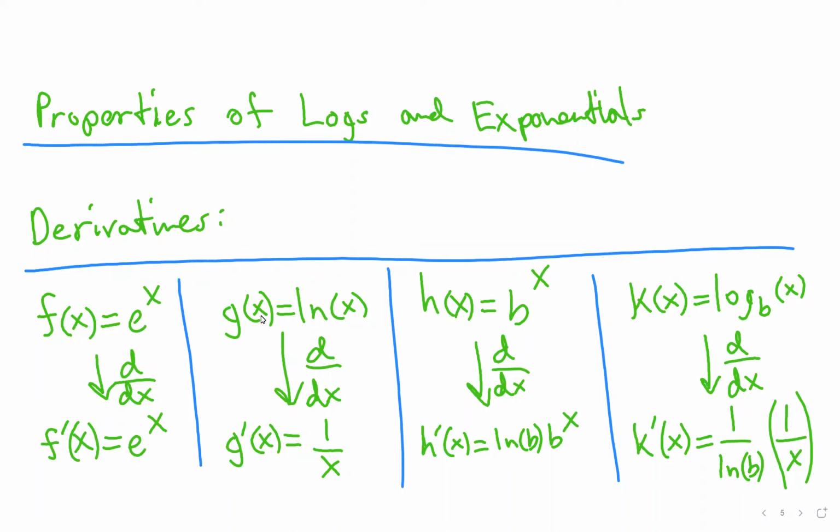Let's go ahead and look at h prime now, the one that I alluded to earlier. h of x equals some base b to the x power. When we take the derivative of it, h prime of x equals ln of that base b times that base b to the x power. So we get basically out the same b to whatever x we're plugging in, and we're multiplying it by ln of b, so ln of the base.